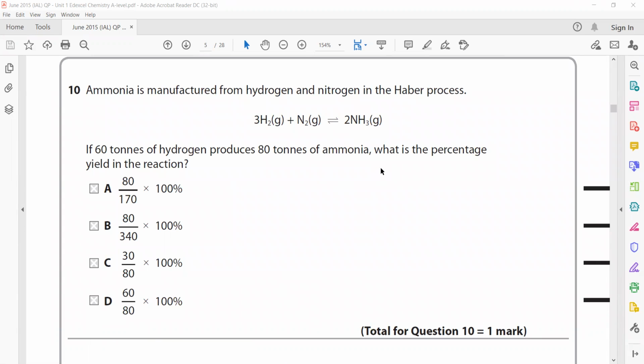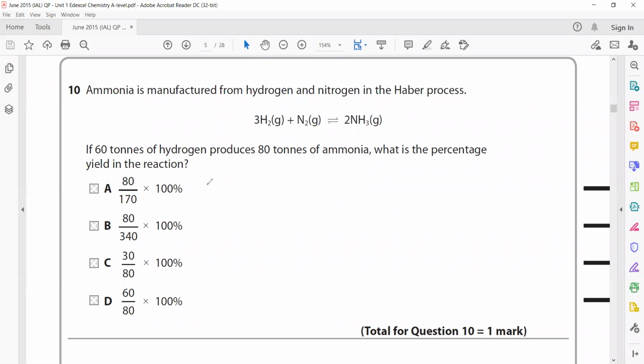Ammonia is manufactured from hydrogen and nitrogen in the Haber process. 60 tons of hydrogen produces 80 tons of ammonia. What is the percentage yield? Percentage yield is the practical value divided by the theoretical value multiplied by 100. The practical value is given in the question. So practically we are getting 80 tons.